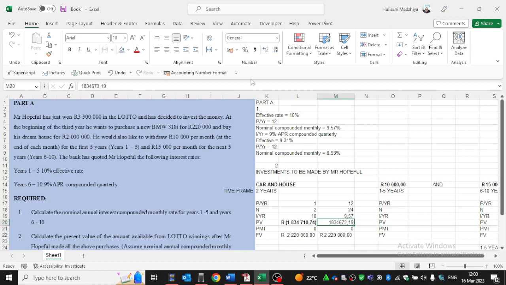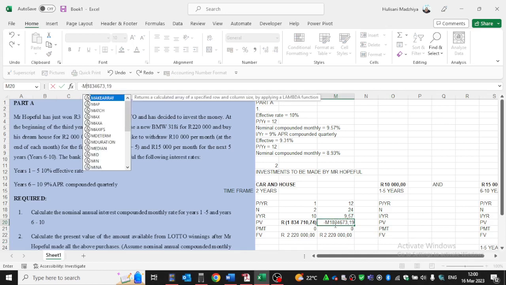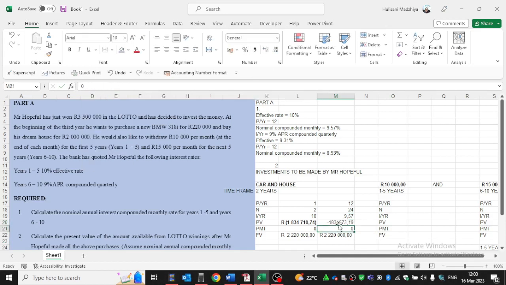So this is the amount. You can see the amounts are almost exactly the same, with only a slight difference due to rounding off.